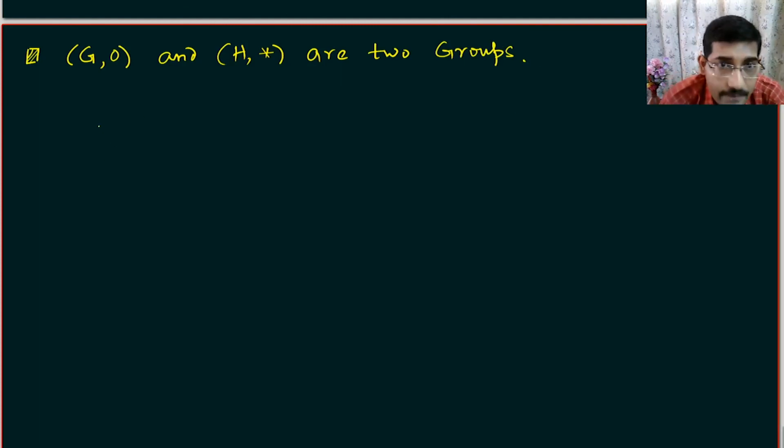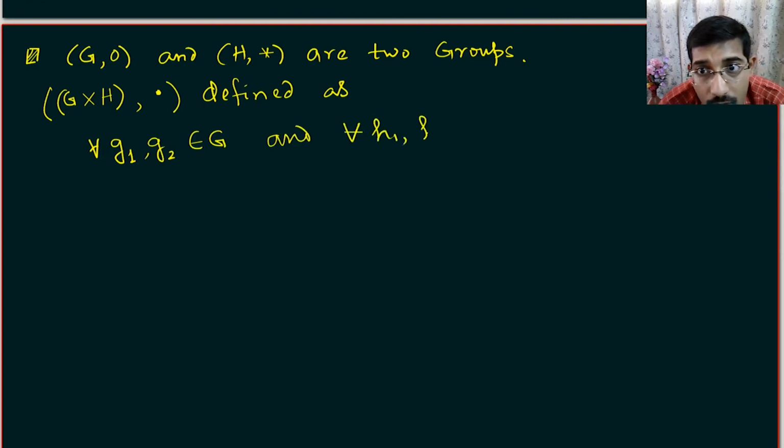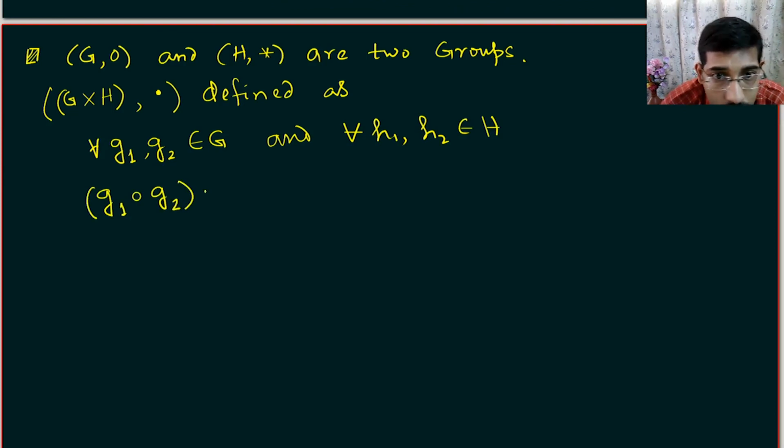Now when this is the case, I can define a binary operation over the set G cross H. I define this as, let's say, for all G1, G2 belonging to G, and for all H1, H2 belonging to H, I define this operation as G1 operated with G2, and H1 operated with H2.